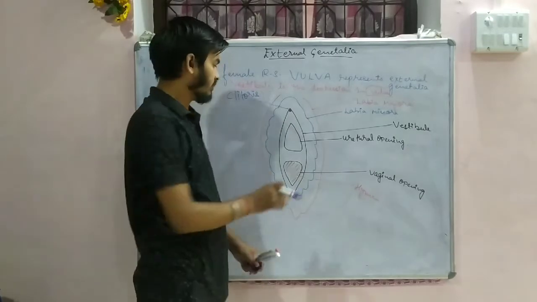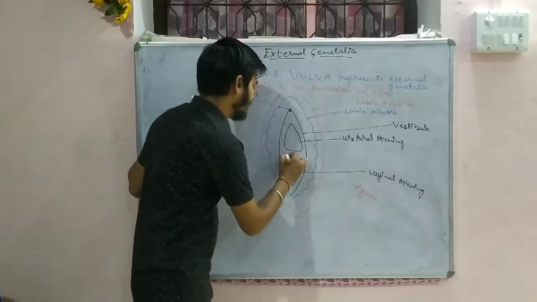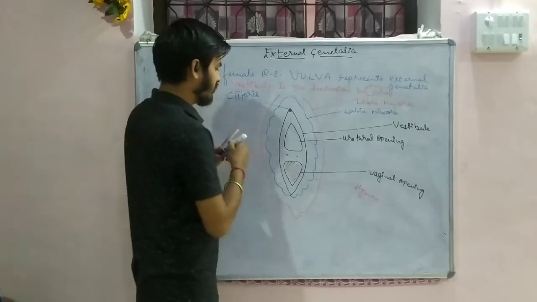Okay, now there are two types of glands in this vestibule. One is these two glands, and another two glands are also present.